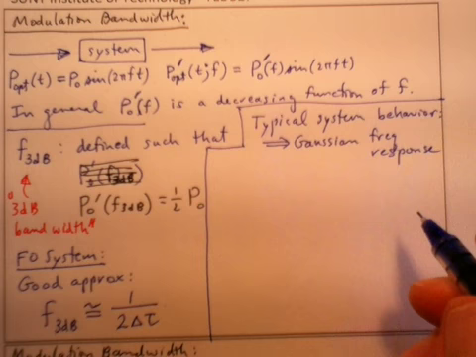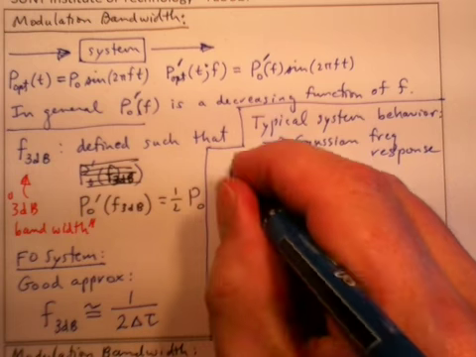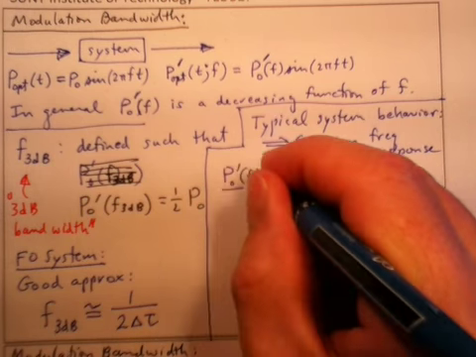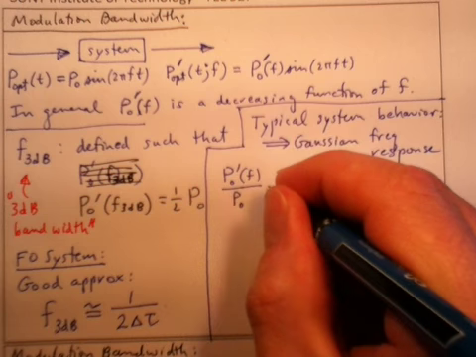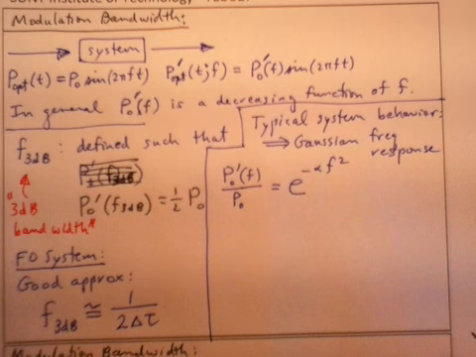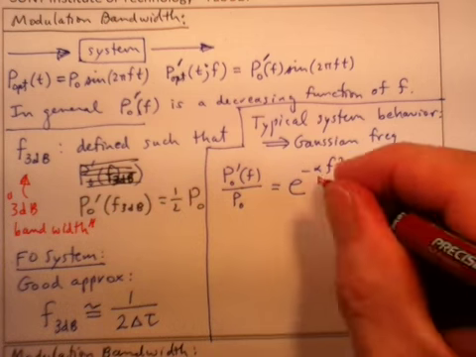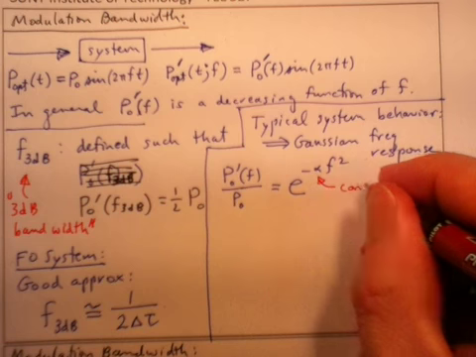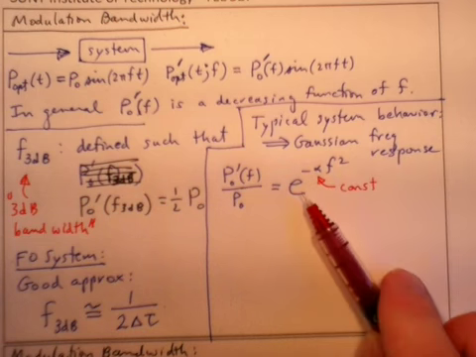So I'm going to write P naught prime as a function of f over P naught is equal to e to the minus alpha f squared, where alpha is some constant. So this captures the frequency dependence as a Gaussian form.